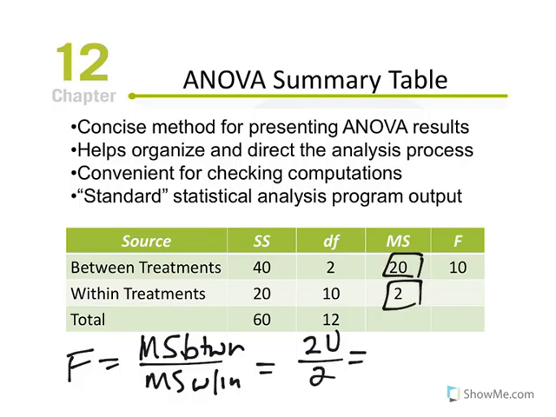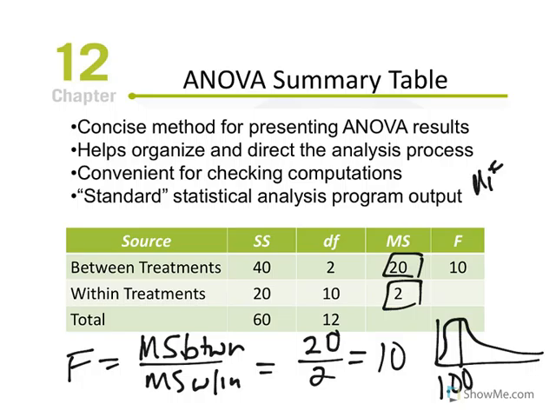So our F statistic for this particular example is equal to 10, which again, given what we started with, the null represented by 1.00, a ratio of 1.00 says that mu1 is equal to mu2, which is equal to mu3, meaning that there's no treatment effect. An F statistic of 10 would put us way out into the tail, but again, we would need a critical F to draw the final conclusion, which we'll learn how to do in the next video.